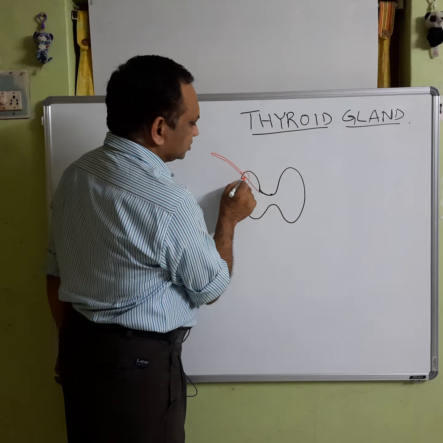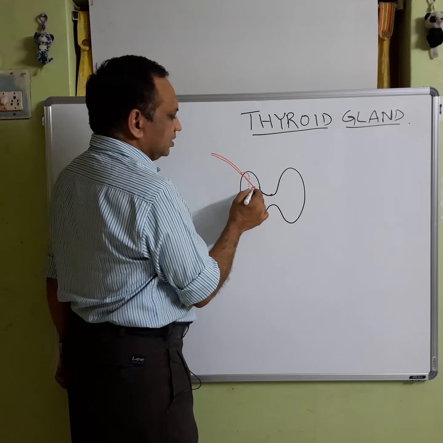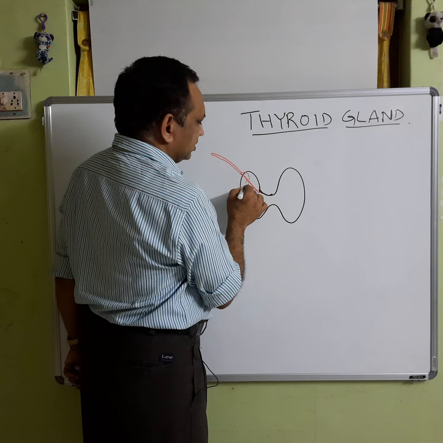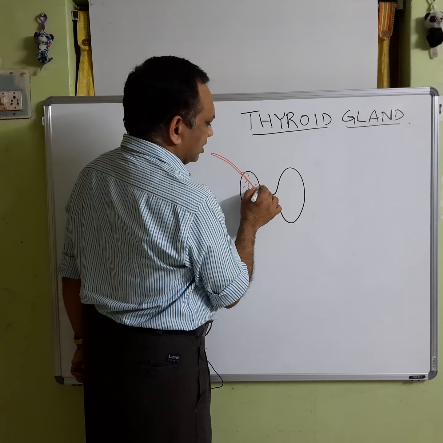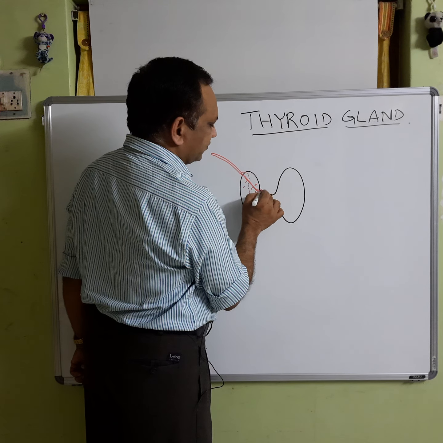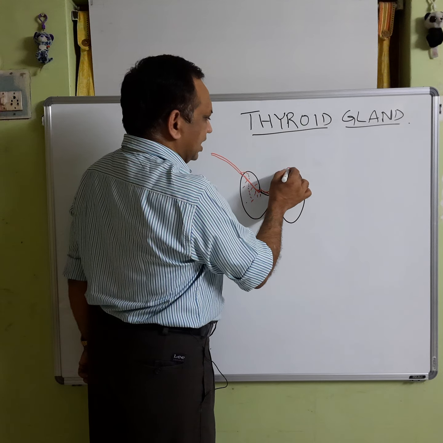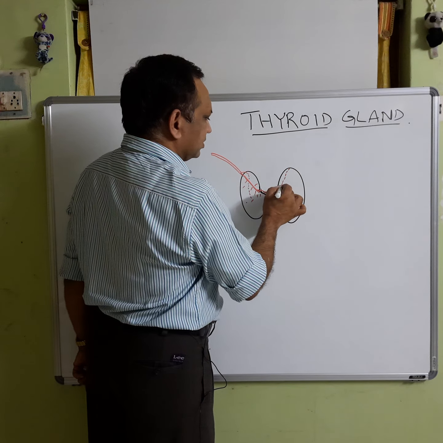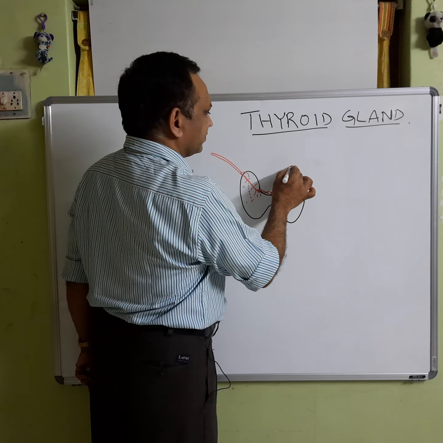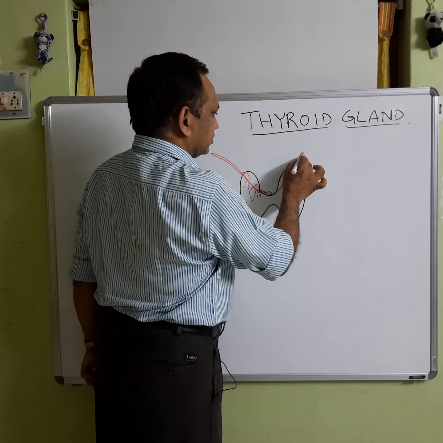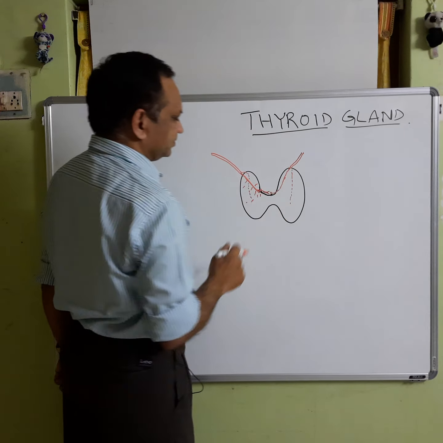The anterior branch goes along the anterior border. The anterior branch ramifies over the anterior surface, and on the superior border of the isthmus, it anastomoses with the anterior division of the superior thyroid artery of the other side, like this. This is the posterior branch.